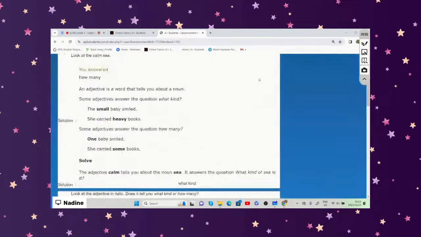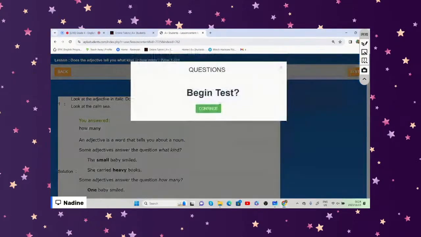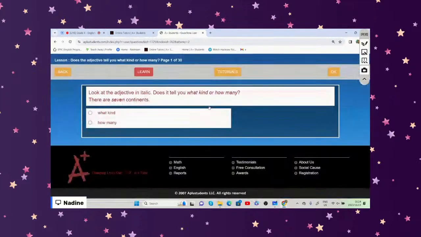So now we're going on to the test. Look at the adjective in italics. Does it tell you what kind or does it tell you how many? There are 7 continents.